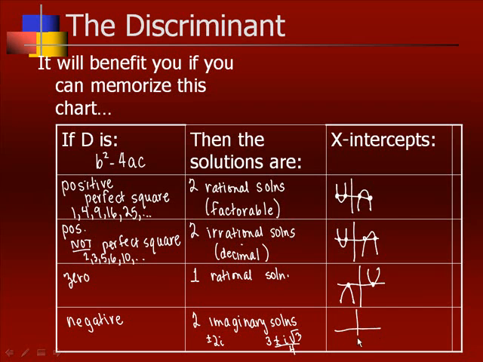Well, there's not a real number for imaginary. So what we'll have is we'll have a graph up here that never crosses the x-axis, or we'll have a graph down here that never does. So this is two x-intercepts. This one is two x-intercepts. This is one x-intercept. And this is no x-intercepts.